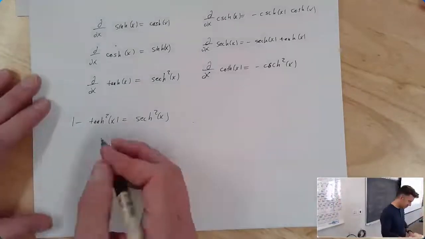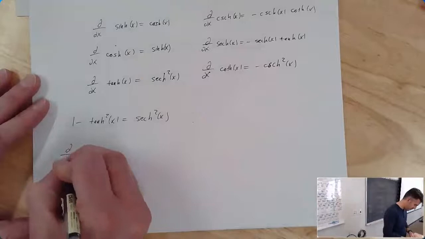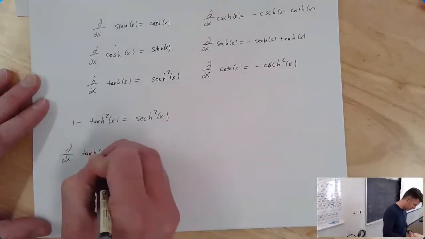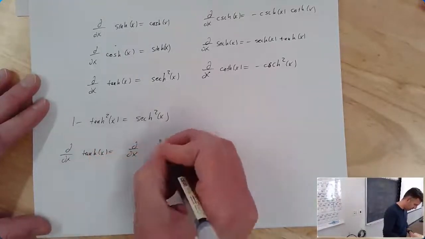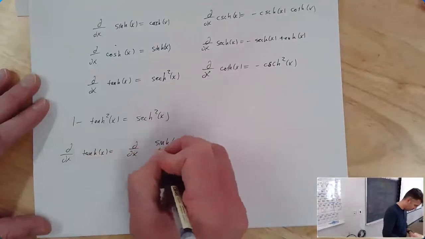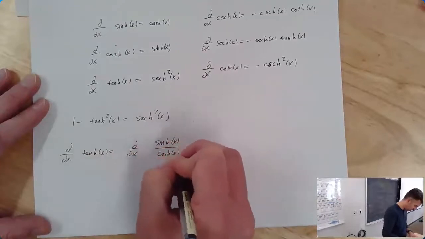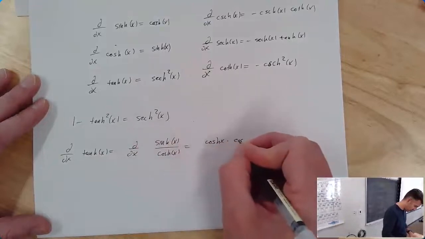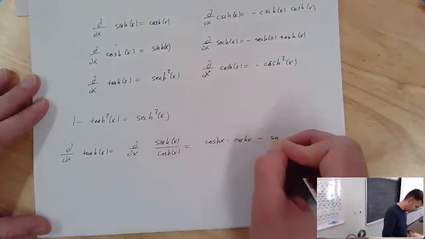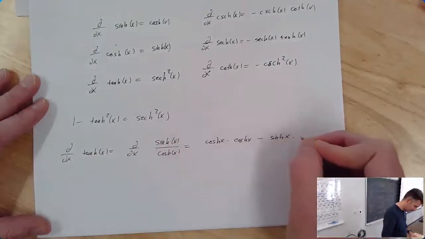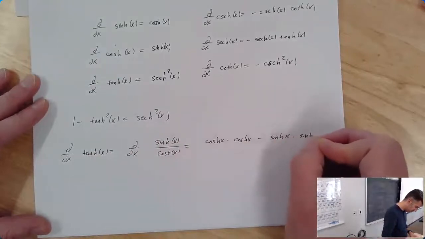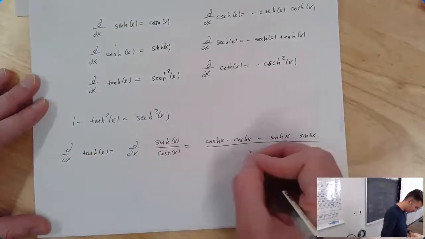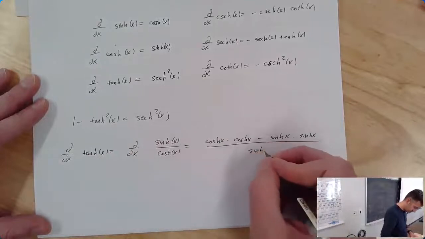And so then you can use this to take the derivative of hyperbolic tangent, which is the derivative of hyperbolic sine over hyperbolic cosine, which is bottom times derivative of the top minus top times derivative of the bottom, all over the bottom squared.